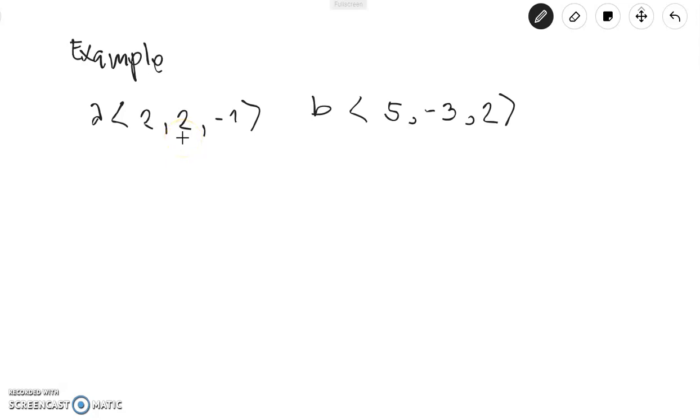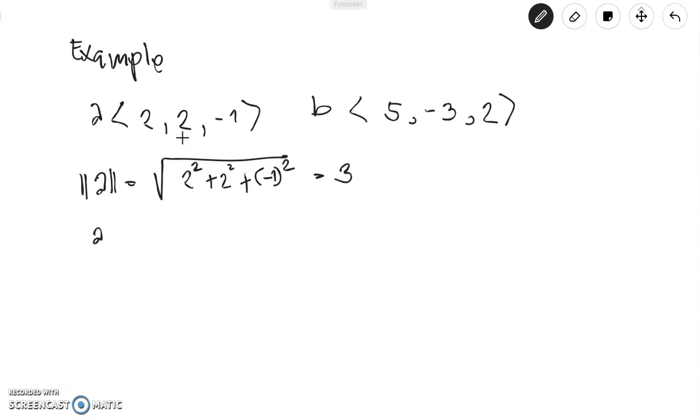First thing we have to do is find the magnitude of A and the magnitude of B. The magnitude of A is the square root of 2 squared plus 2 squared plus negative 1 squared, which is 4 plus 4 plus 1 equals 9. So that is equal to 3.